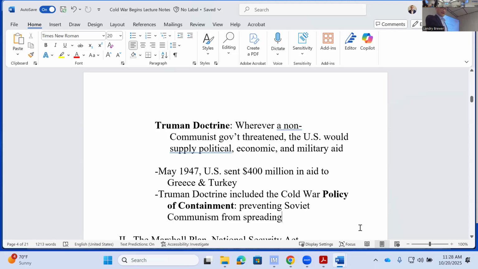The Congress complied, and in May of 1947, the United States sent $400 million in aid to Greece and Turkey, and it worked.